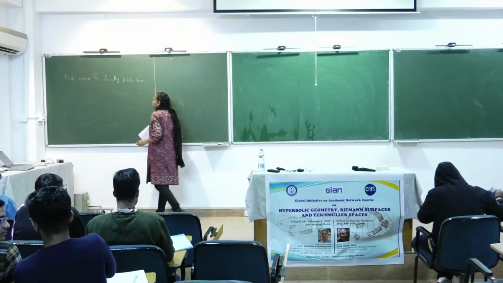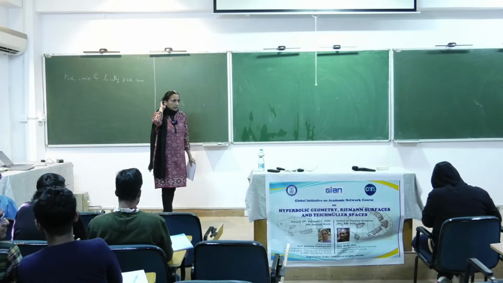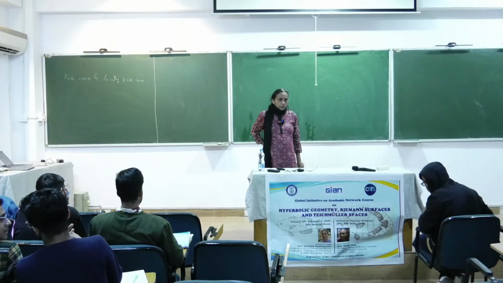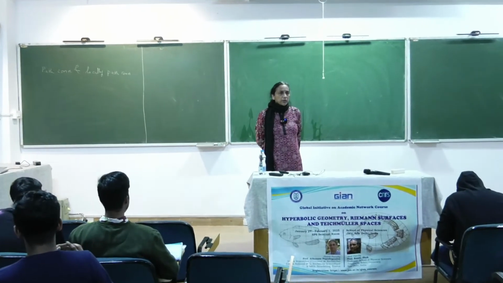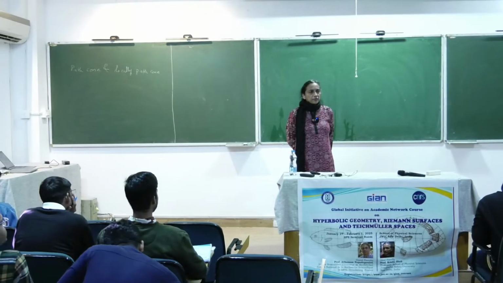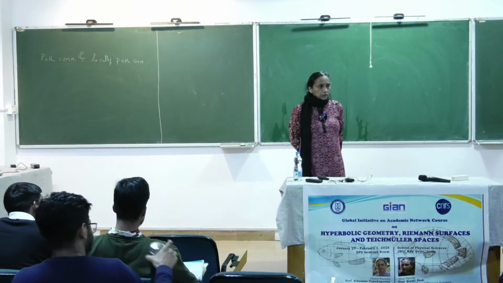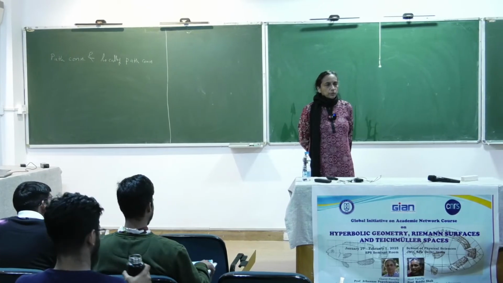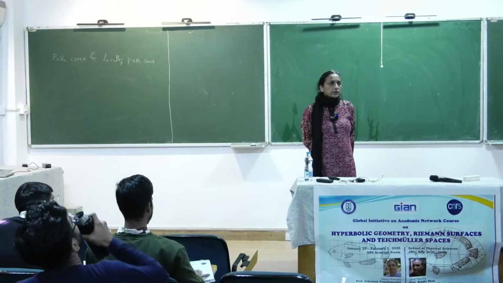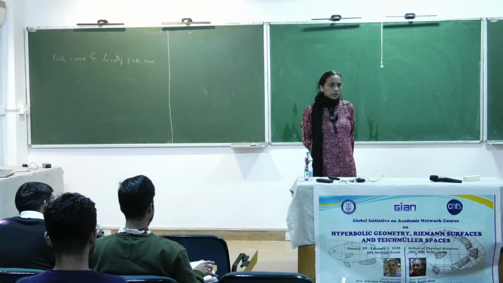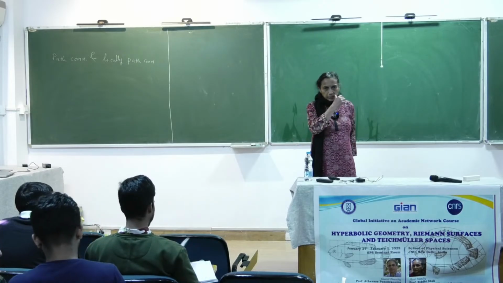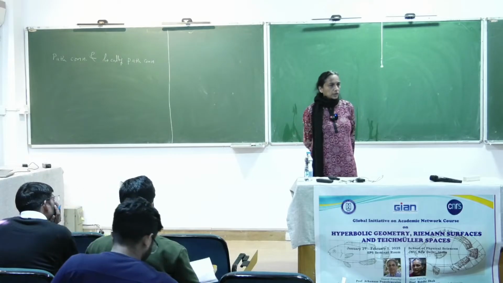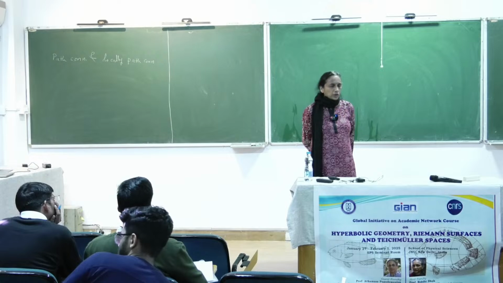What locally path connected means is that you have a topological space X which is locally path connected if for every point in it and a neighborhood of that point, there is another neighborhood containing that point which is path connected.